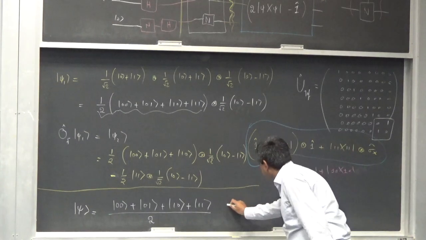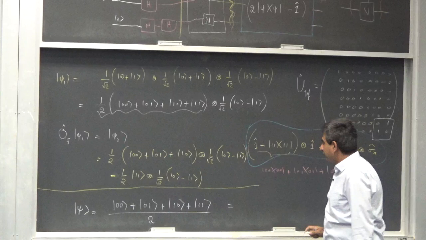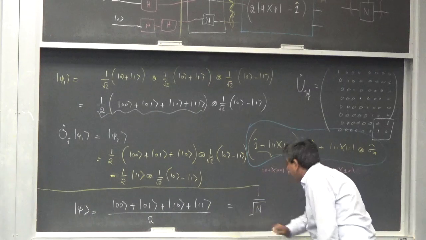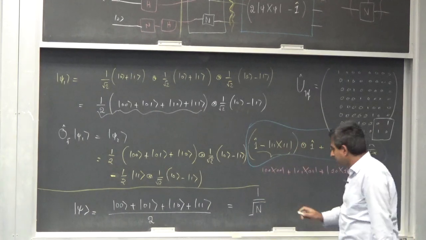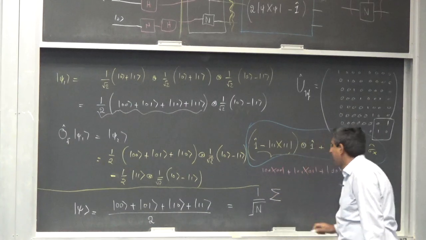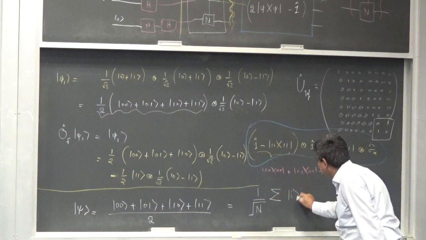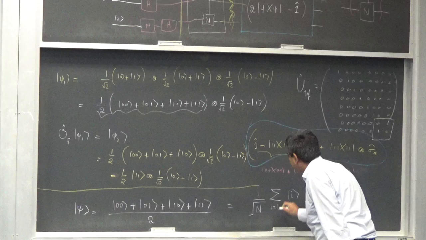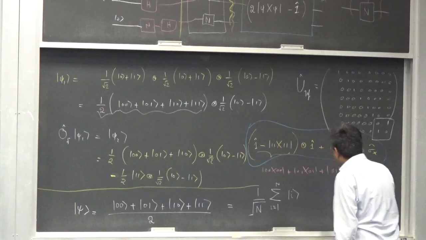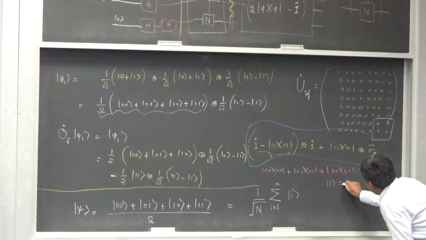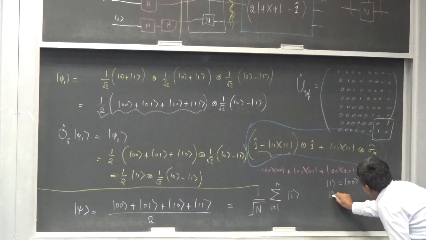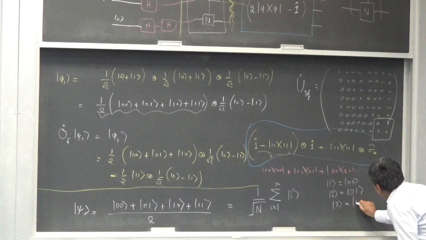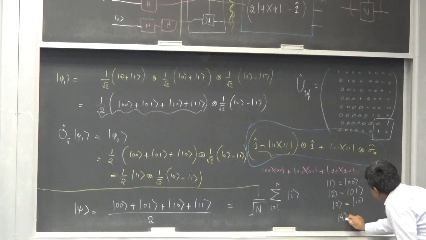In shorthand, I could write this as 1 over square root of N, where capital N is 4, sum over ket i, where i goes from 1 to capital N. Ket 1 is defined as 0 0, ket 2 is defined as 0 1, ket 3 is defined as ket 1 0, ket 4 is defined as ket 1 1.